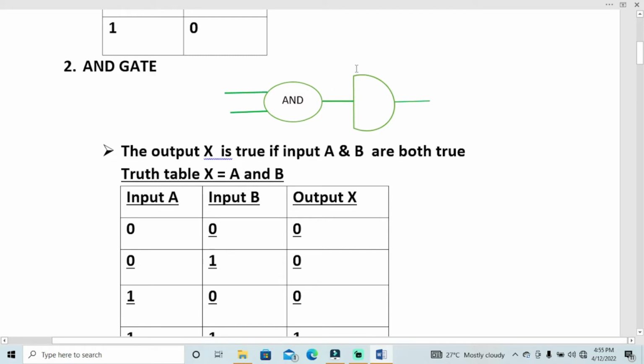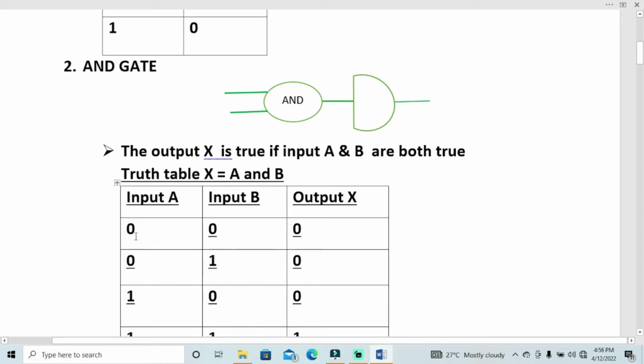It is represented by something that looks like half a circle, and it follows this statement: the output X is true, and by true I have told you it means 1, if input A and B are both true, which means the output X is 1 when input A and B are both ones.